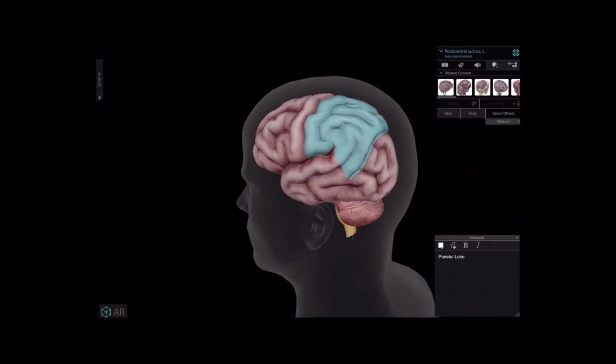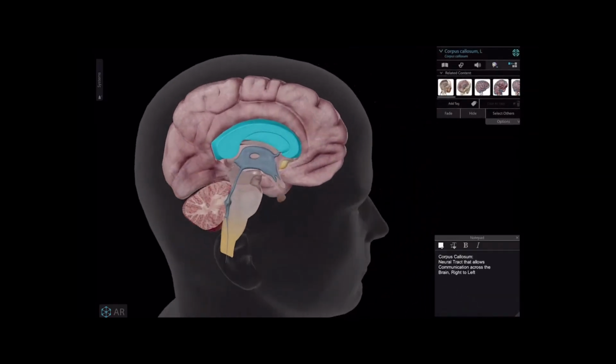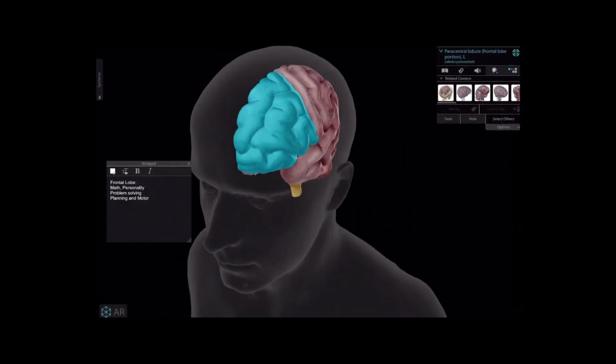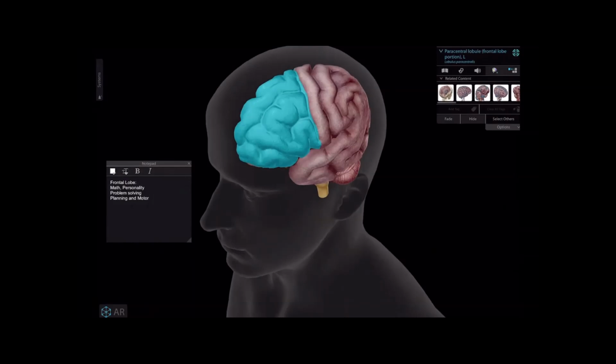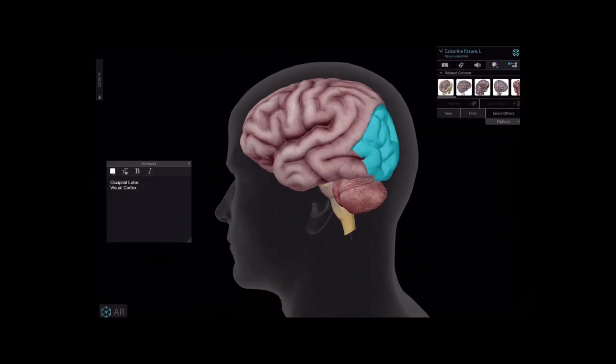That would be our parietal lobe, corpus callosum, frontal lobe: math, personality, problem solving, planning, and motor. Fornix, communication tract for limbic system. Yeah, occipital lobe, visual cortex.